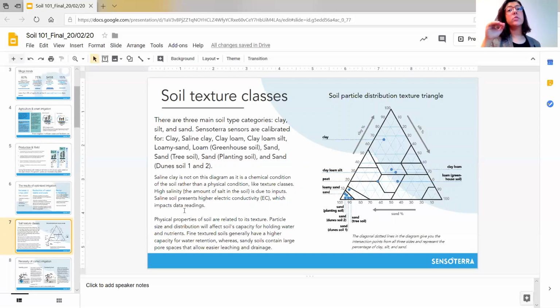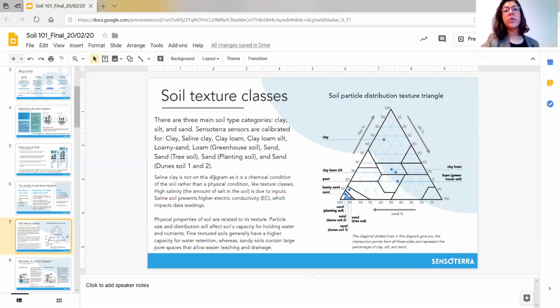The triangle is based on the percentages of clay, silt, and sand, as you can see here on your left, top right, and bottom of the triangle.